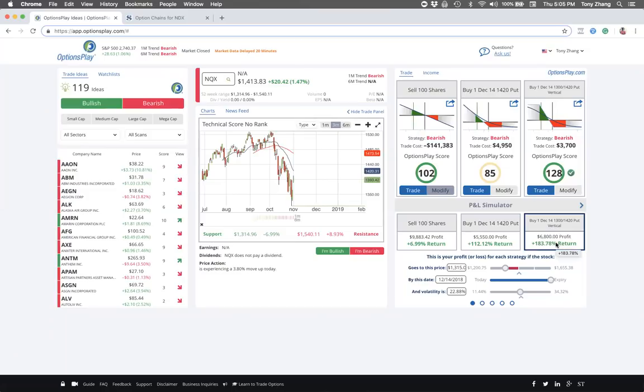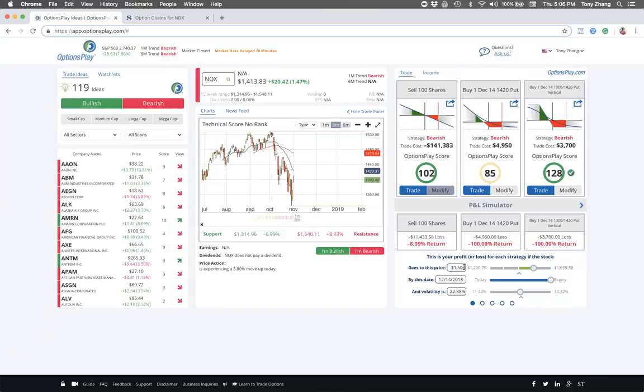This allows you to understand not only your potential rewards so that you can decide, is there enough reward for the potential risk that I'm going to take? And the risk is, what happens if the index bounces or roars back higher? If this does go higher, it can go up to 1,500 or maybe even, let's say, where it was. The 20-day moving average is 1,420, 50 days, 1,470.